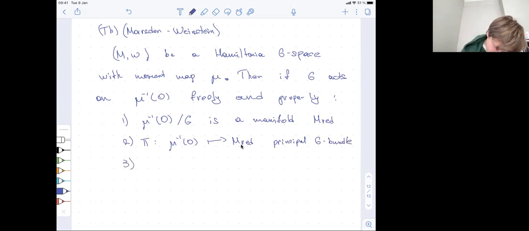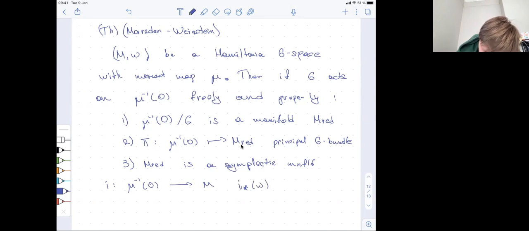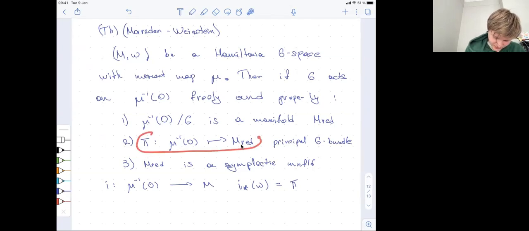And moreover, M reduced is a symplectic manifold, and the symplectic form is given by the following equation. So we have the embedding I of the preimage of 0 into M, and if we take the pullback of the symplectic form with respect to this embedding I, it should be the same as the pullback of the projection of this G bundle.